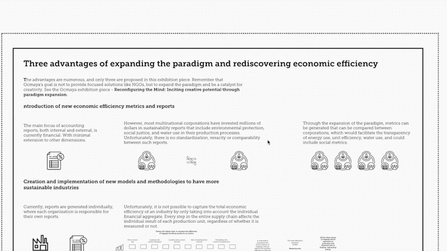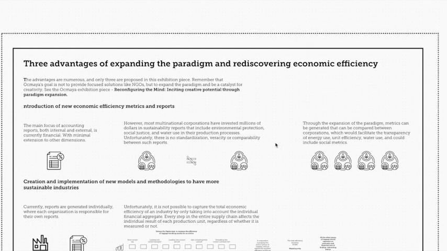And here comes the first opportunity for not only organizations, but maybe NGOs that could come together and create these metrics. What would be the efficient metrics for all of these?